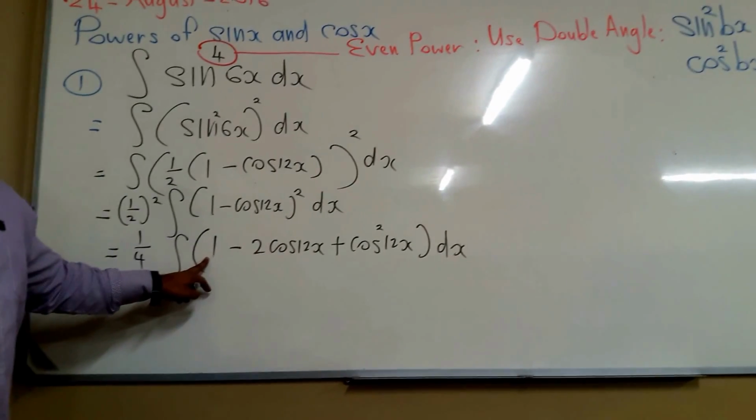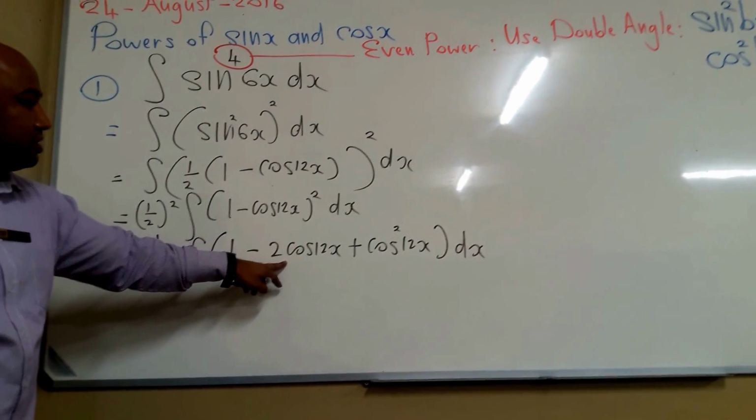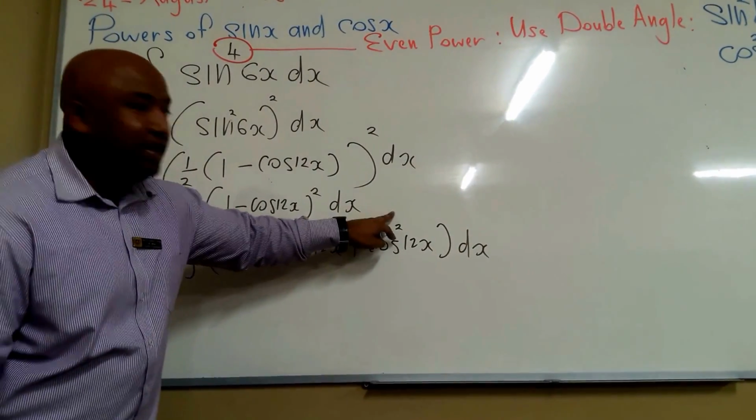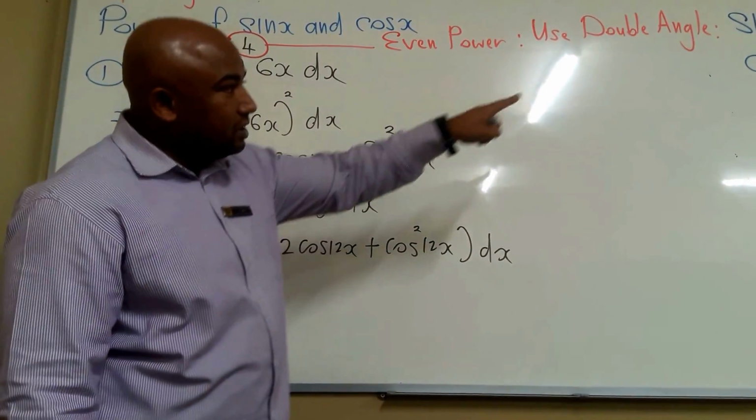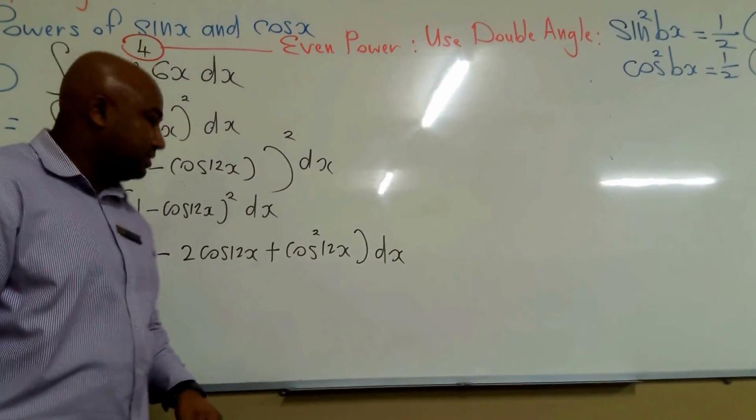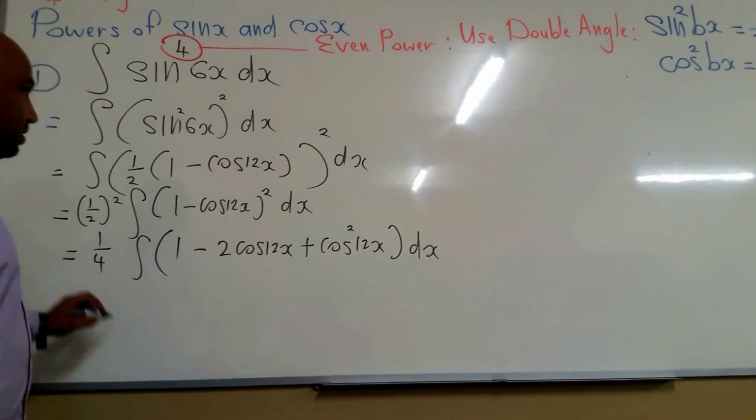Now, we can integrate 1, we can integrate cos 12x, but here we have another square. Can you see that? So now, we go to cos squared.